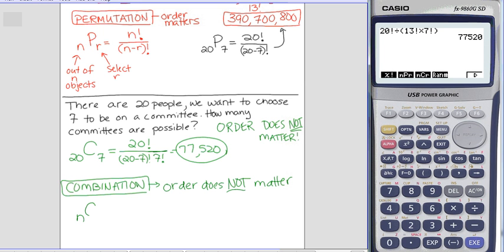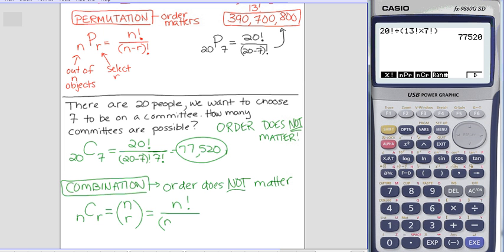We write it just like we did the permutations, except for it's nCr. By the way, we can also write this with a parenthesis, and we can stack the n and r like you would in a fraction, just no fraction bar in between. So that's 2 different notations for writing nCr. And we start with the n factorial on the top. That was the big number on the top.